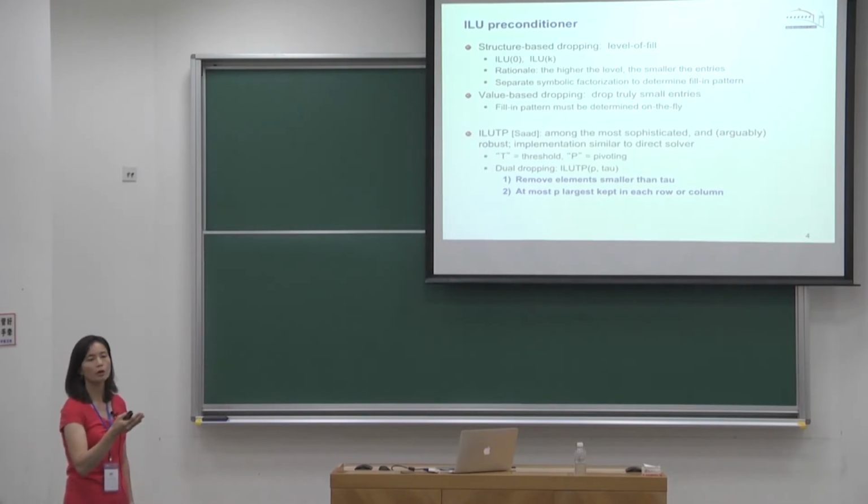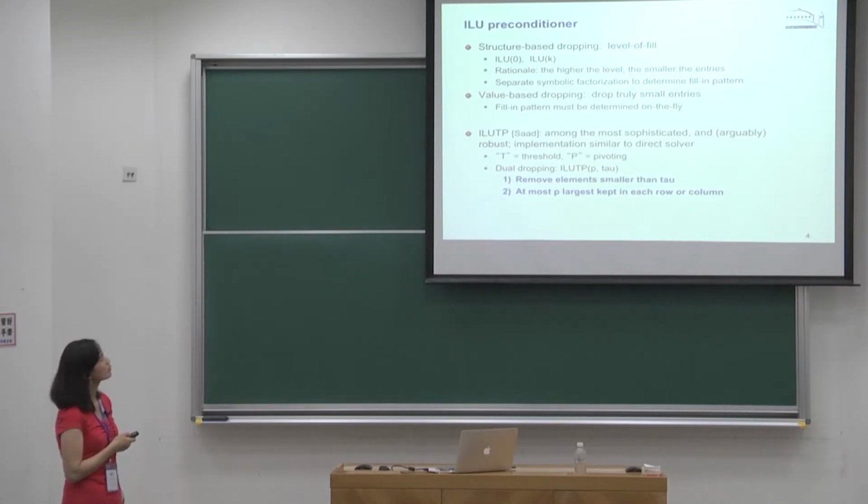The user gives a certain tolerance, and if the value is smaller than this tolerance, it will be dropped. And another one is pivoting: this algorithm will do pivoting. That's the most difficult and most sophisticated one, but in practice, it's very reliable compared to many other schemes. In his ILUTP, he actually proposed two dual dropping criteria. One is to use this tolerance.